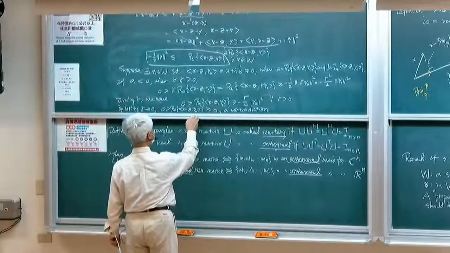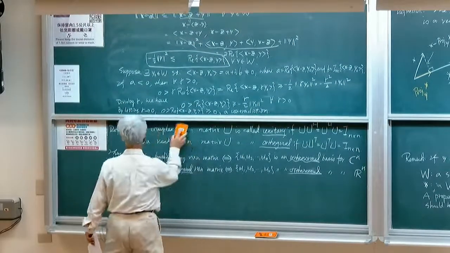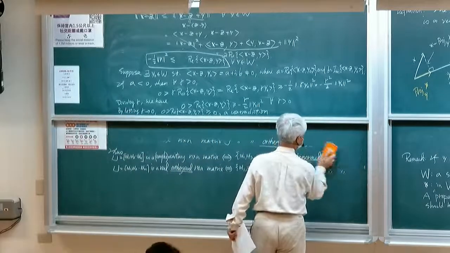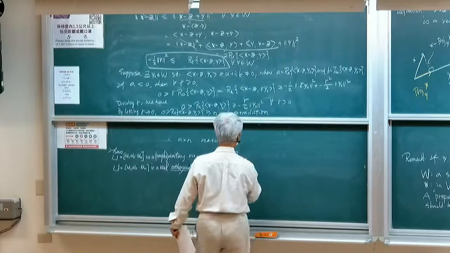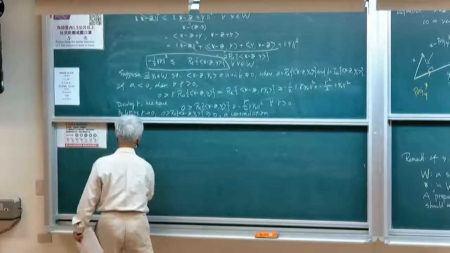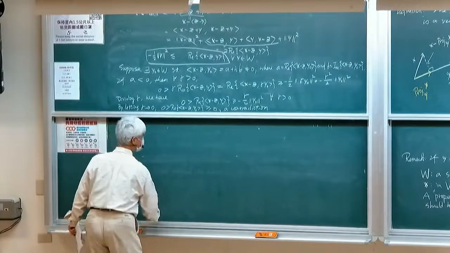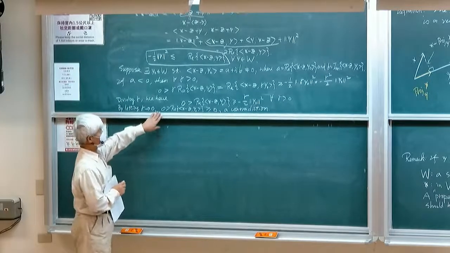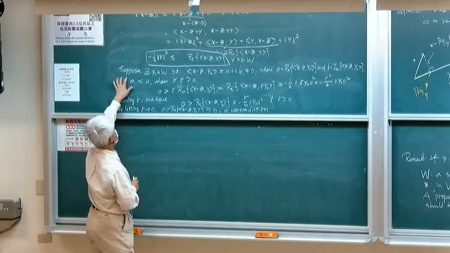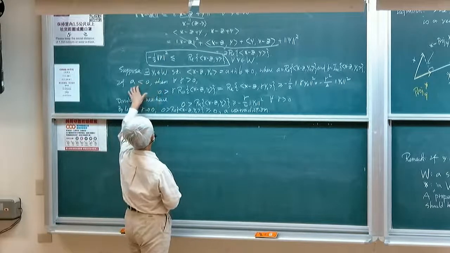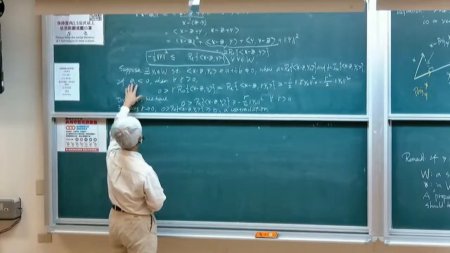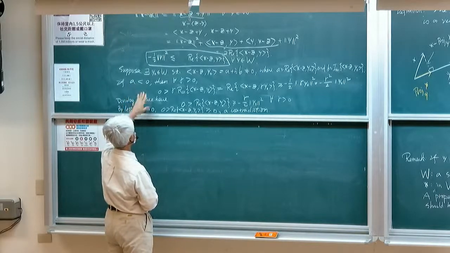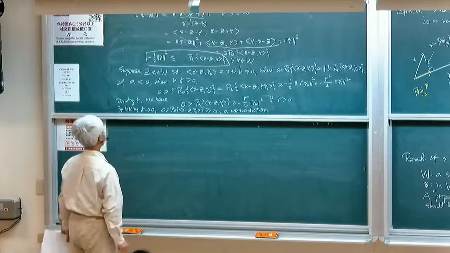Okay? So we get a contradiction, because we assumed that a is negative. Okay.